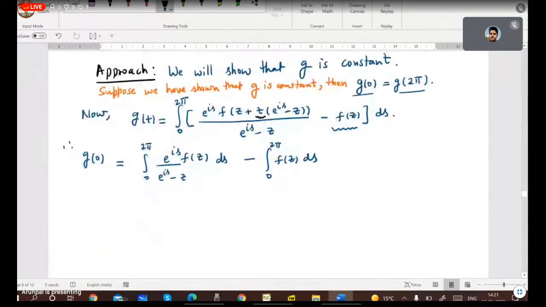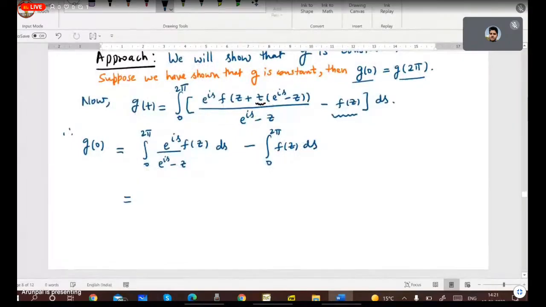So this is quite simple. And class, if you notice, this f of z is independent of s. It is depending upon z, so you can take it outside the integral sign. The first term is f of z times the integral from 0 to 2 pi of ds, minus f of z into the remaining integral, which is the integral from 0 to 2 pi of ds.